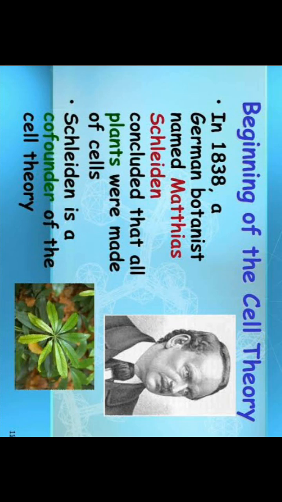Whatever plants you are seeing in nature, irrespective of size and height, whether herbs, shrubs, trees, whatever it is, all plants are made up of cells. Schleiden is a co-founder of cell theory. So you can see on the screen the scientist and his contribution.